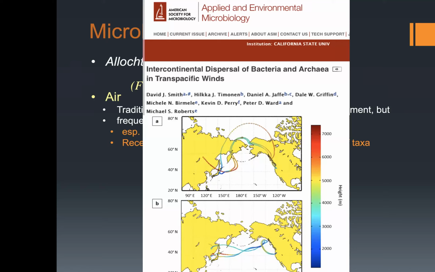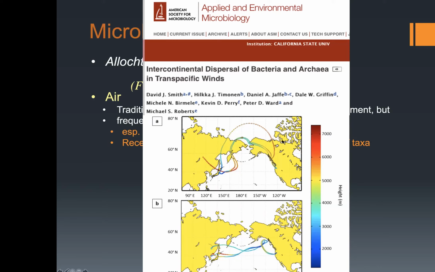And what they were able to determine, combining sampling from there as well as looking at models of weather and dispersal, is that both bacteria and archaea get moved all the way from Asia over to North America on a fairly frequent basis.